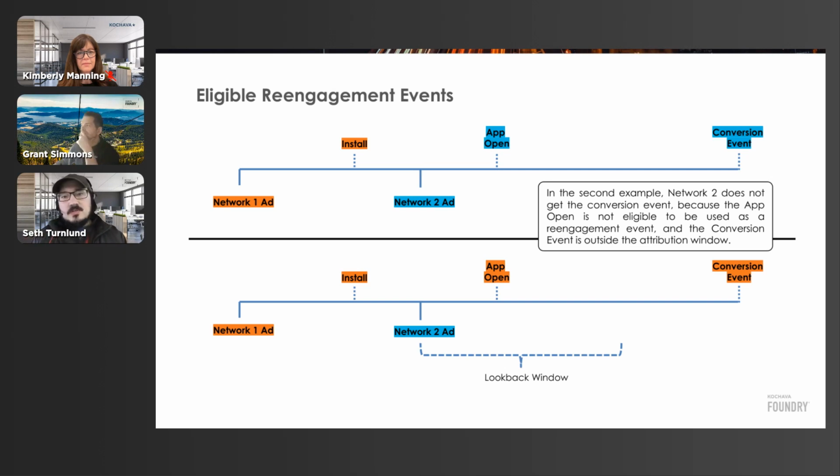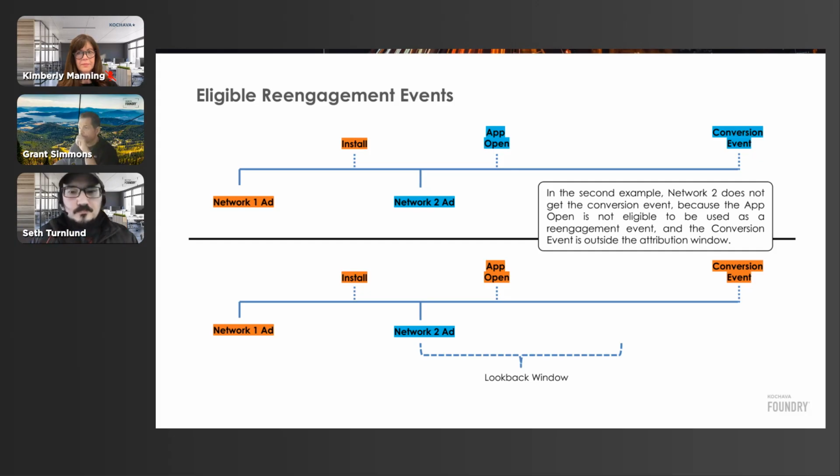But you also don't want it too high. You want to find the happy medium of, okay, the network demonstrated that this user is now interested in this app and is doing something meaningful. And then combined with your minimum time to re-engage, that network has a period of time with the event association window where they can earn that lower funnel event from the user continuing to express interest in the app.